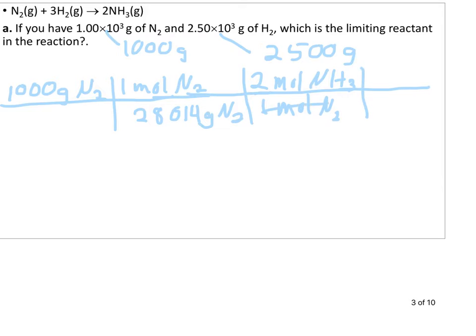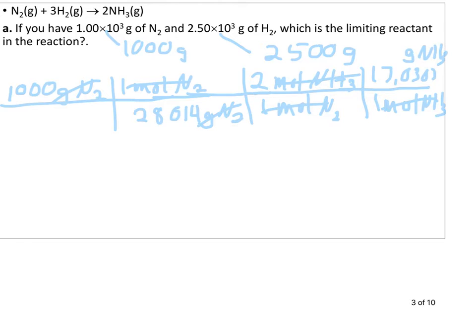And the moles of N2 cancel the moles of N2, grams of N2 cancel the grams of N2, and then 1 mole of ammonia is, figured out its molar mass, 17.0307 grams of ammonia.